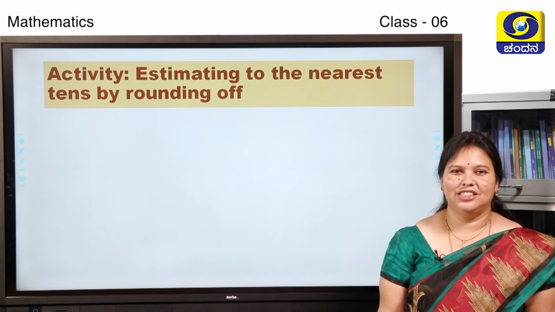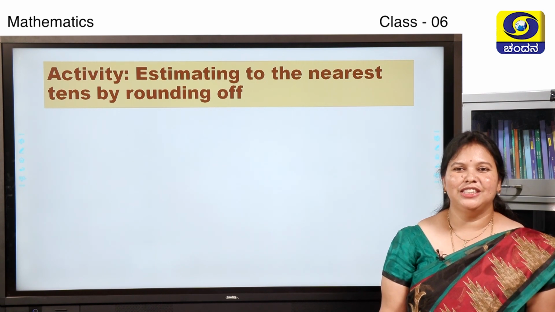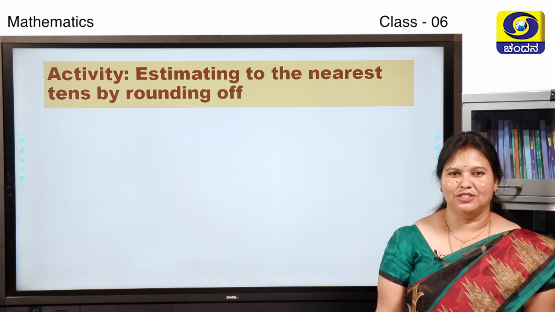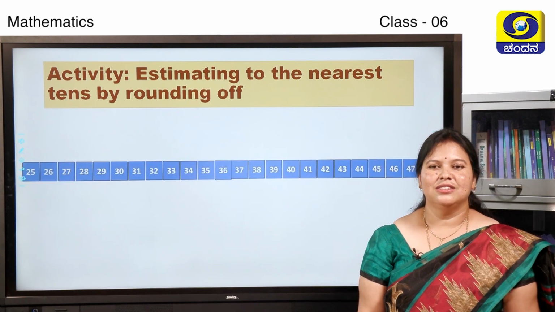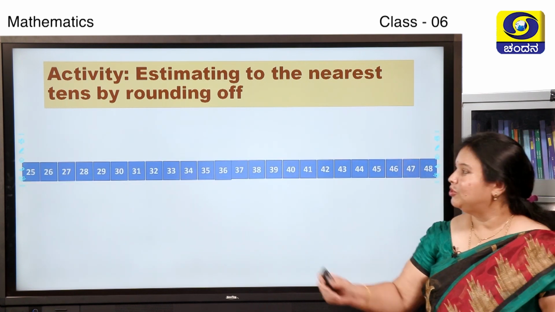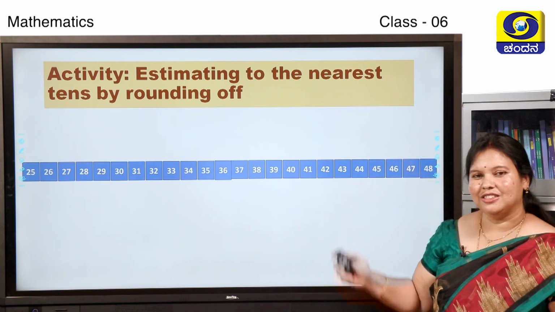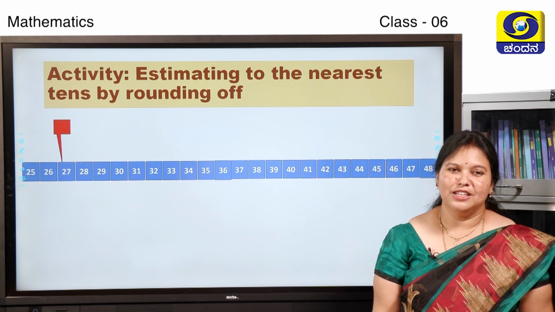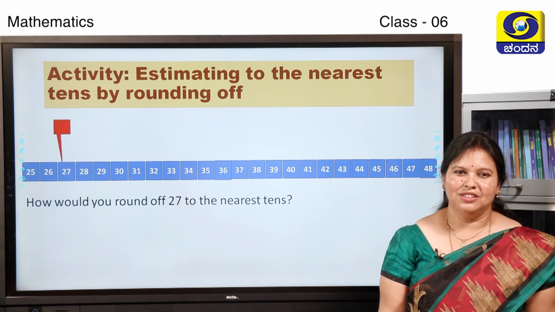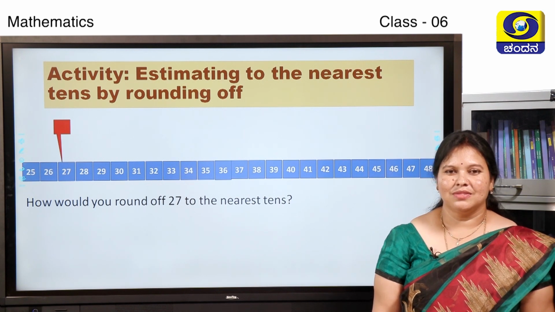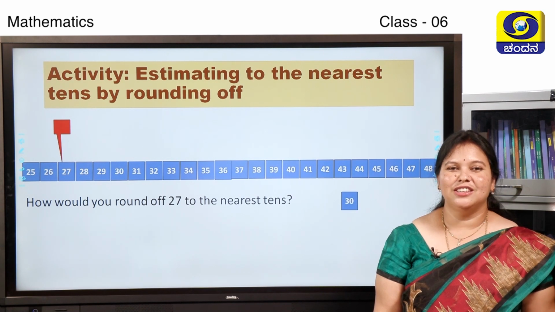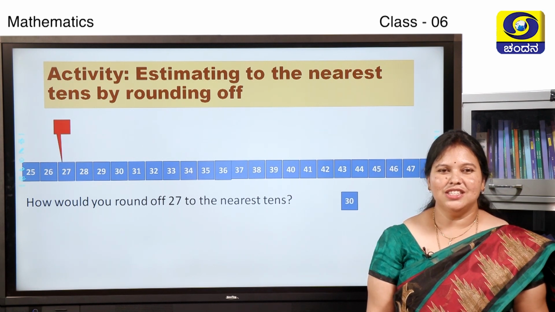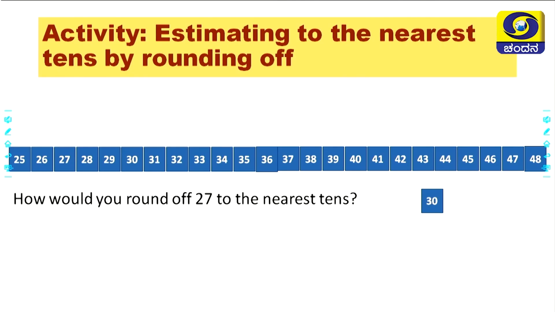Now, let us do an activity by estimating to the nearest tens by rounding off. Here, I have given numbers from 25 to 48. So, here is a flag on the number 27. How would you round off 27 to the nearest tens? So, you know 27 is nearer to 30, so 27 is rounded off to 30.